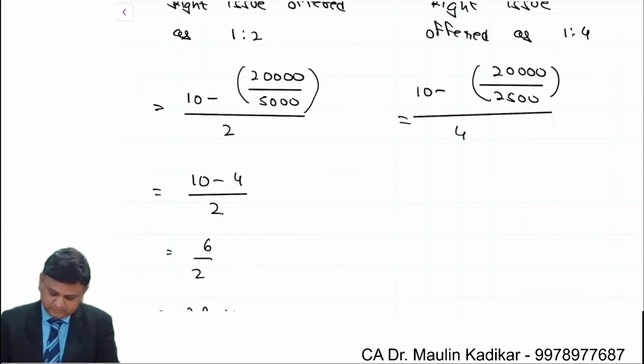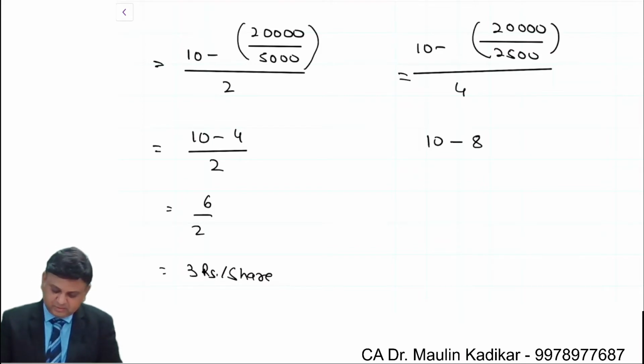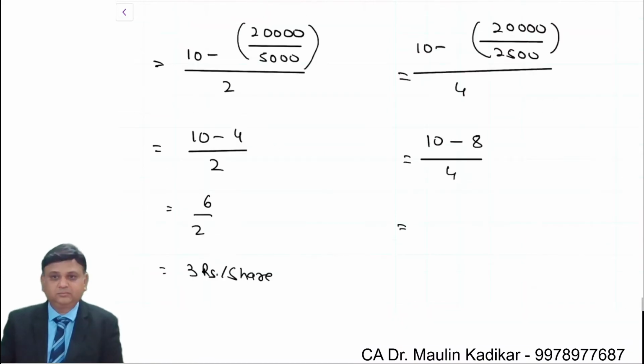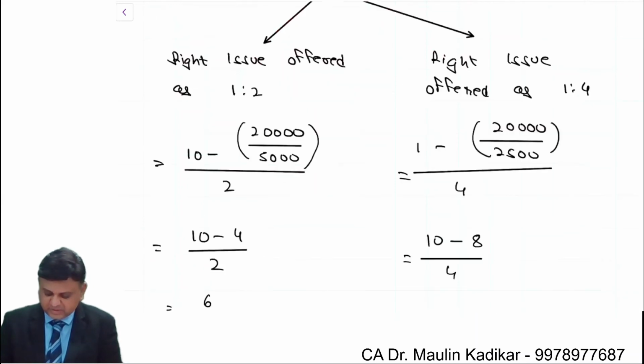What is the answer? 8. So 10 minus 8 divided by 4. Over here the price is 12. So 12 minus 8, that is 4 divided by 4, that is 1 rupee per share.